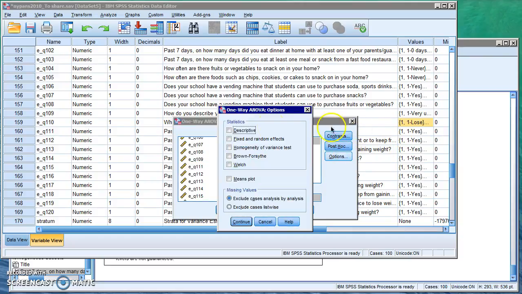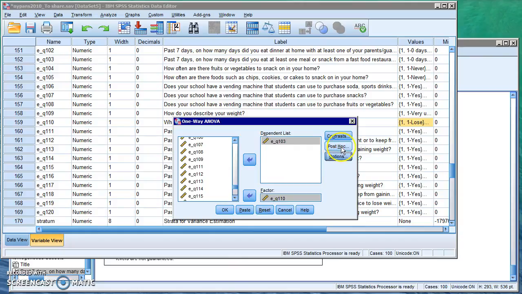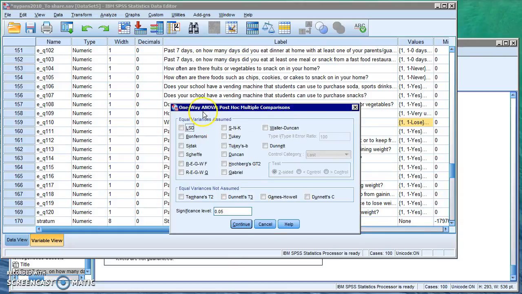We click on options. We make sure descriptive and homogeneity of variance test is clicked so that we have that in our output. The homogeneity of variance test is our Levene's test.